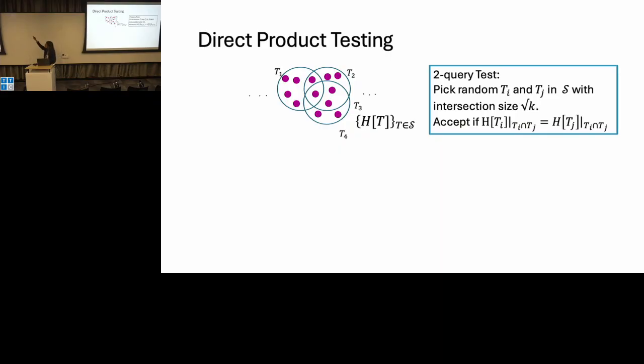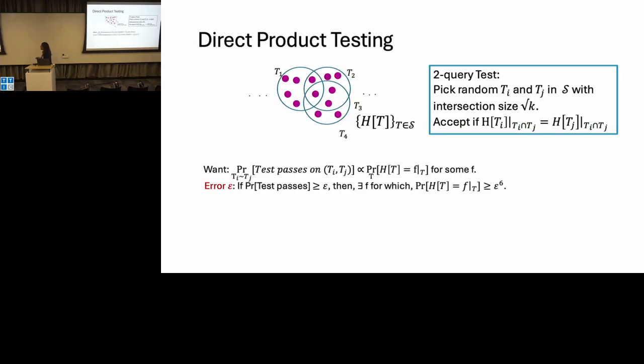Of course, if h were truly a direct product encoding of some function, you would pass the test with probability 1. The more interesting question is that whenever the test passes with some probability, we want it to say something useful about h. It should not be that h is garbage and still passes the 2-query test.